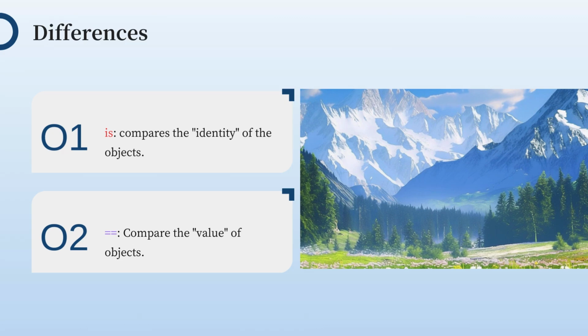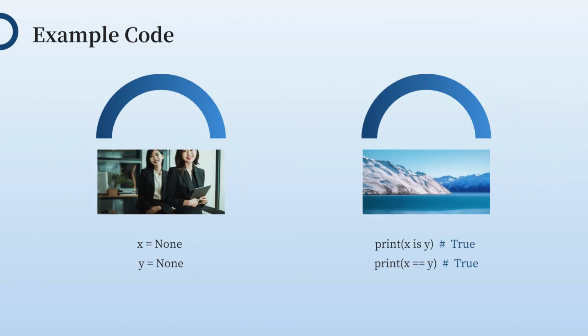This is very useful when comparing other data types, but it is not recommended when checking None. Example, here, x and y both point to the same None object, so both x is y and x == y will return True.